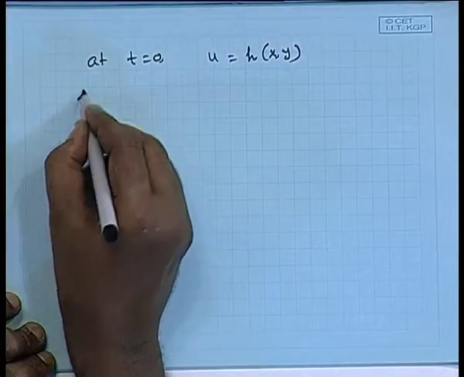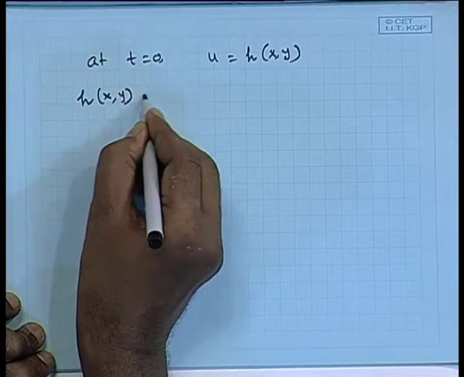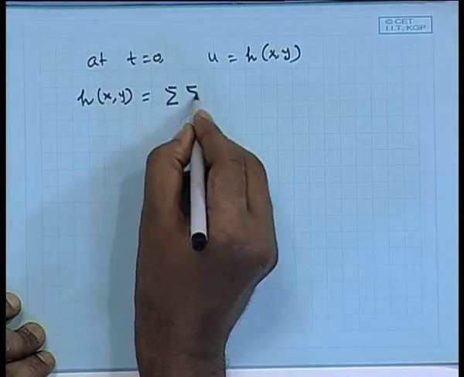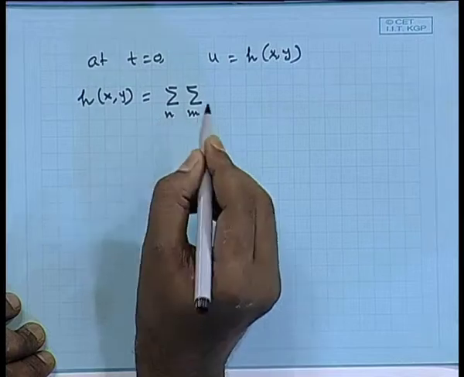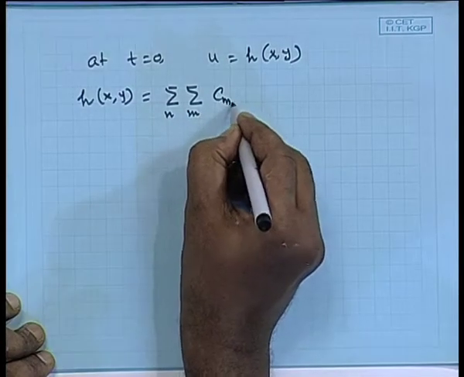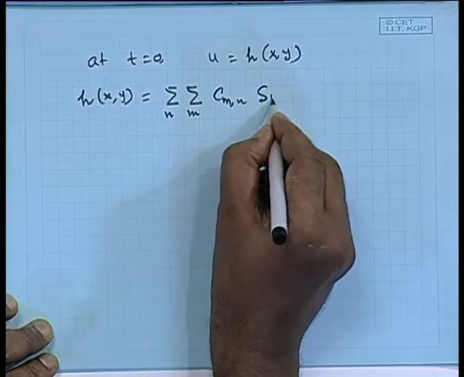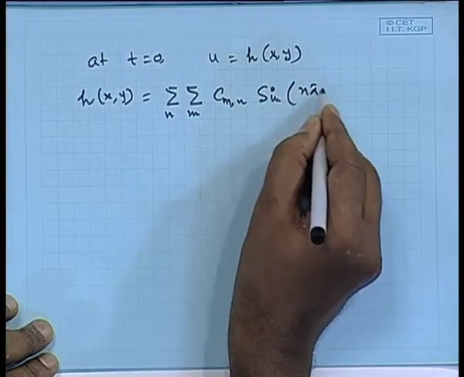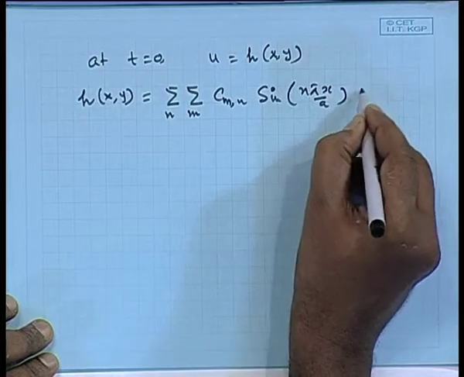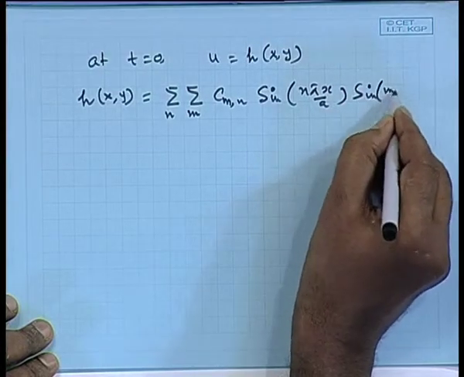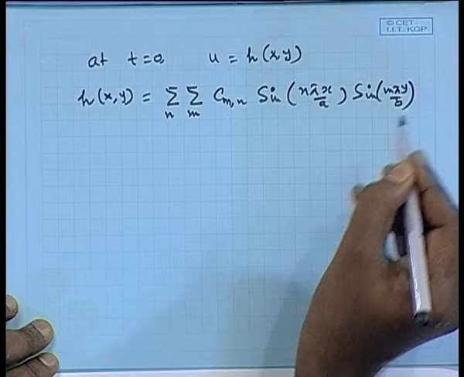So, h x y is nothing but the summation over m, the summation over n, Cmn, the exponential term amounts to 1, sin n pi x by a, sin m pi y by b.